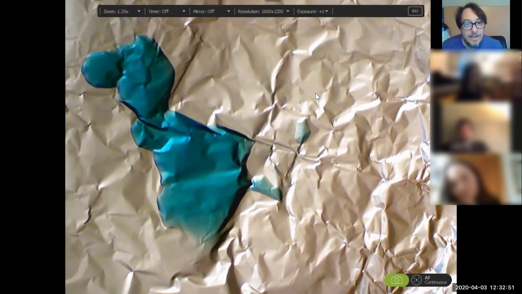And actually, hold on. I have another dropper for that. Do you see how it's kind of moving? When I put it right at the edge, you can kind of see it making some motion happen.